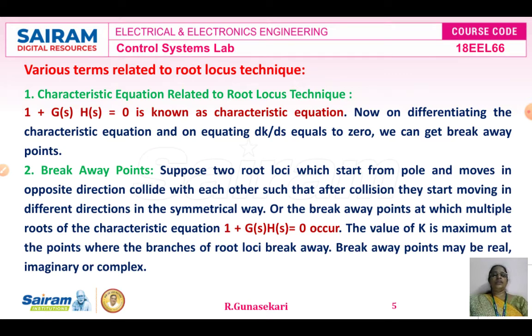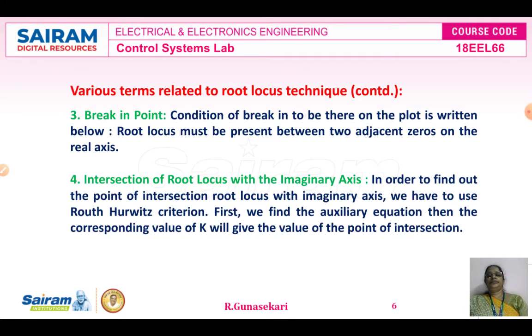The other way to put it: breakaway points are the points at which multiple roots of the characteristic equation, that is 1 plus G(s)H(s) equal to 0, occur. The value of K is maximum at the points where the branches of root loci break away. The breakaway points may be real, imaginary or complex.